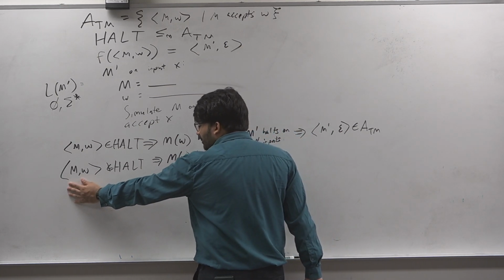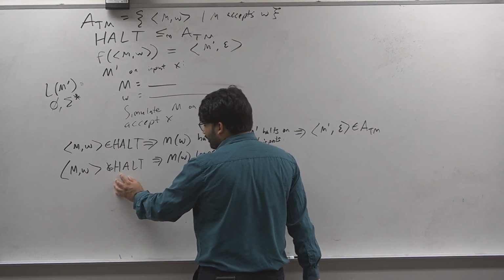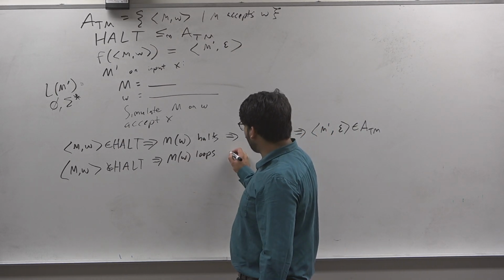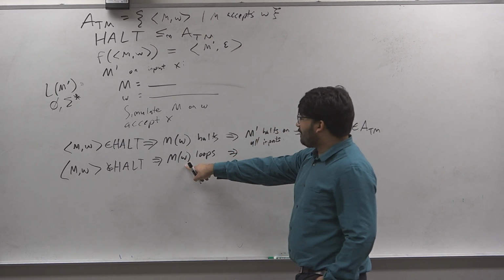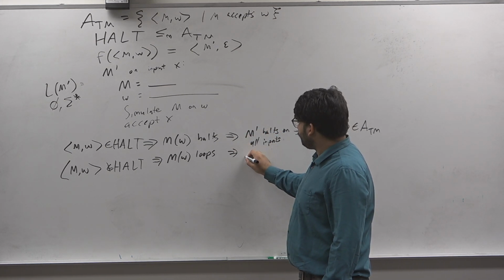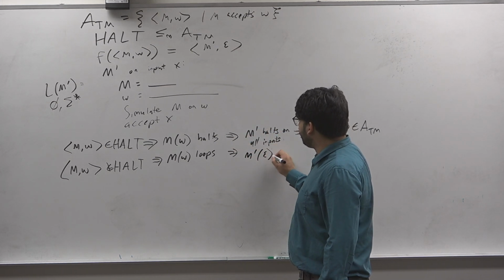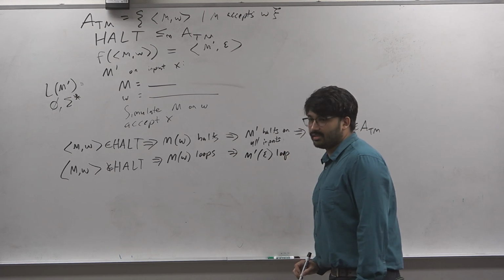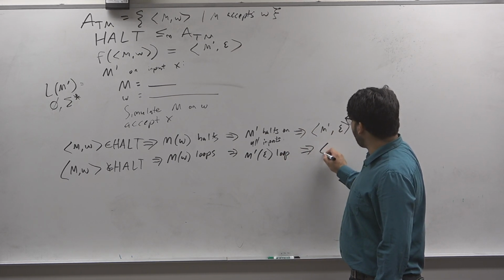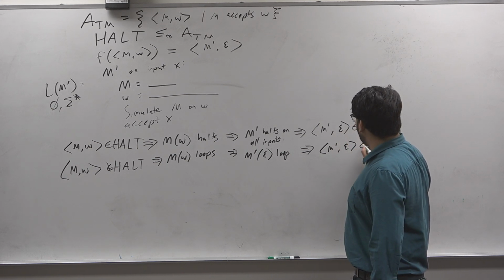This being a string in a language is something about a machine doing something. That's kind of what every proof will rely on. If M on input W loops, so does M prime. M prime on the empty string will loop, and if it loops, it doesn't accept. So we know that M prime comma empty string is not in ATM.